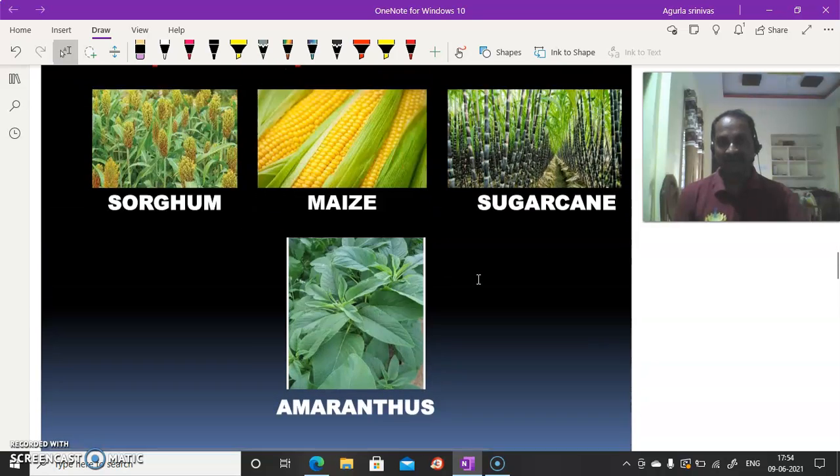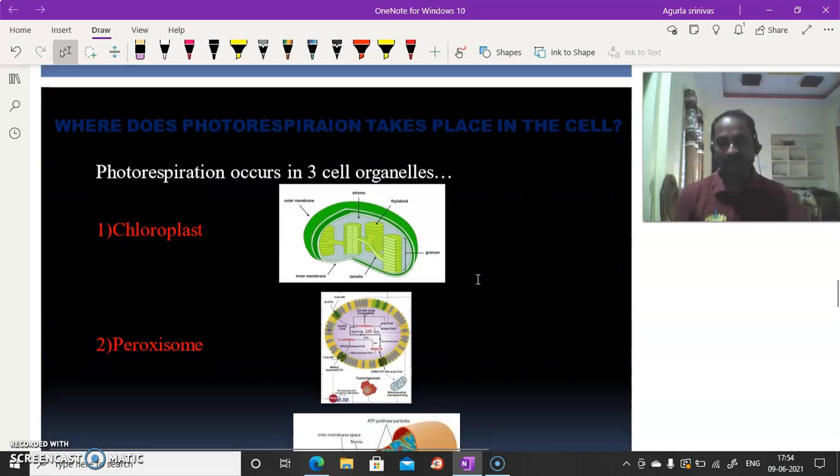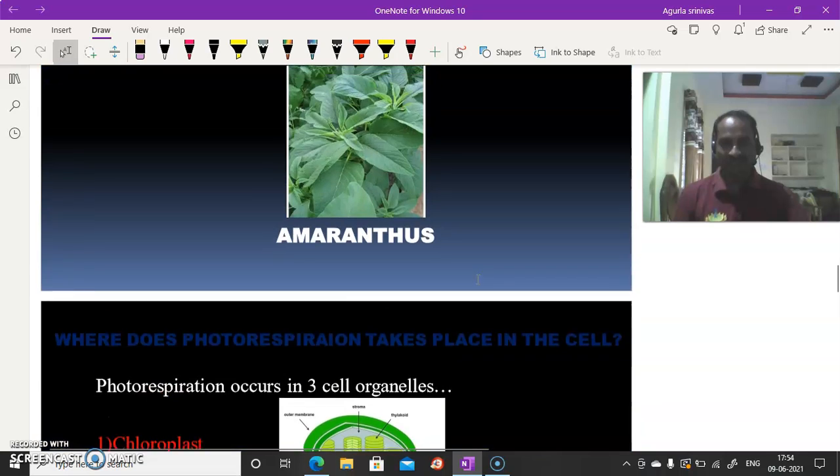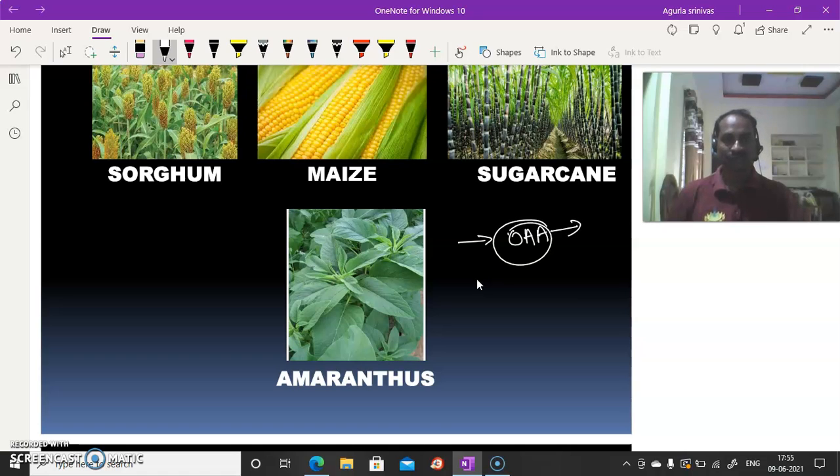All these are different types of C4 plants. We know very well, in C4 plants, the first stable compound which is formed during the C4 pathway is oxaloacetic acid, simply OAA.